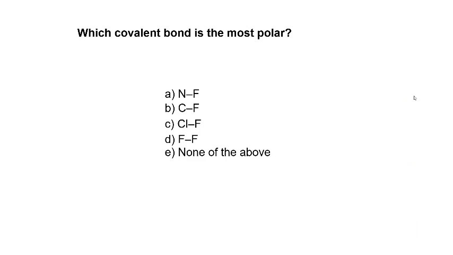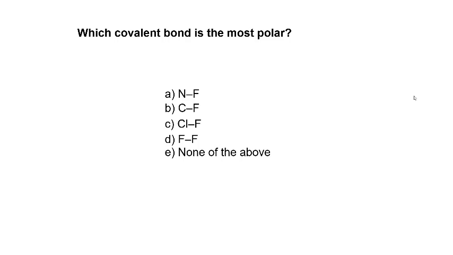So let's remind ourselves which of these covalent bonds is most polar. Pause the video for a second and take a look and identify the most polar bond. Okay, so we should be able to identify that C-F is going to be our most polar bond.